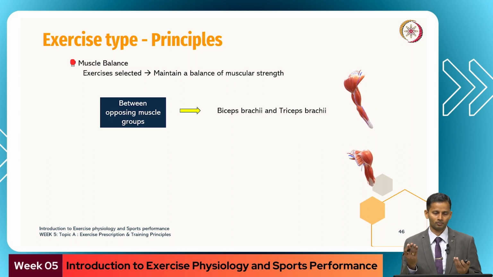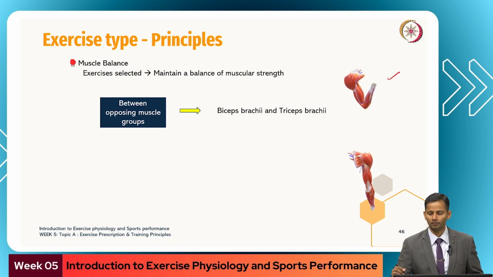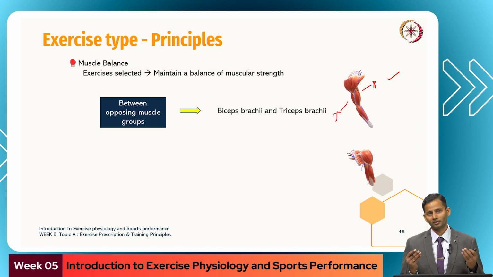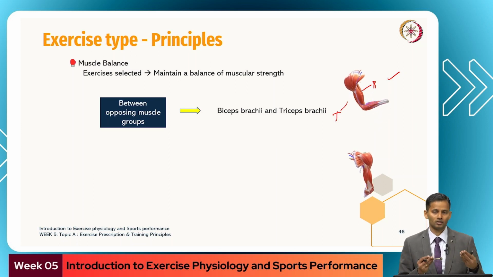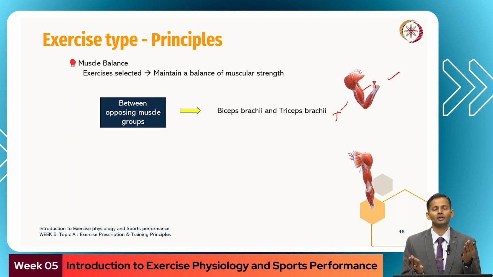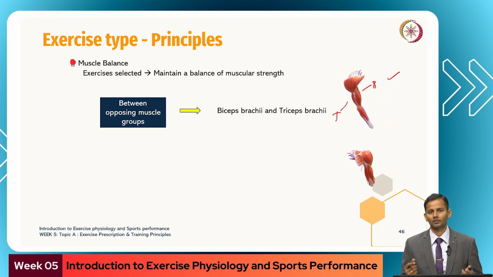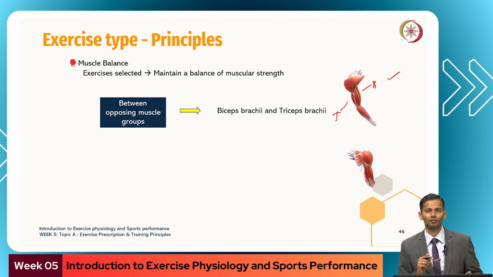So in this particular animation, this is your biceps and this is your triceps, right? So you have to prescribe the exercise in such a way that you develop both biceps as well as triceps, so that the ratio between the biceps and triceps is maintained for optimal weightlifting using this particular activity. So that's important to keep in mind.